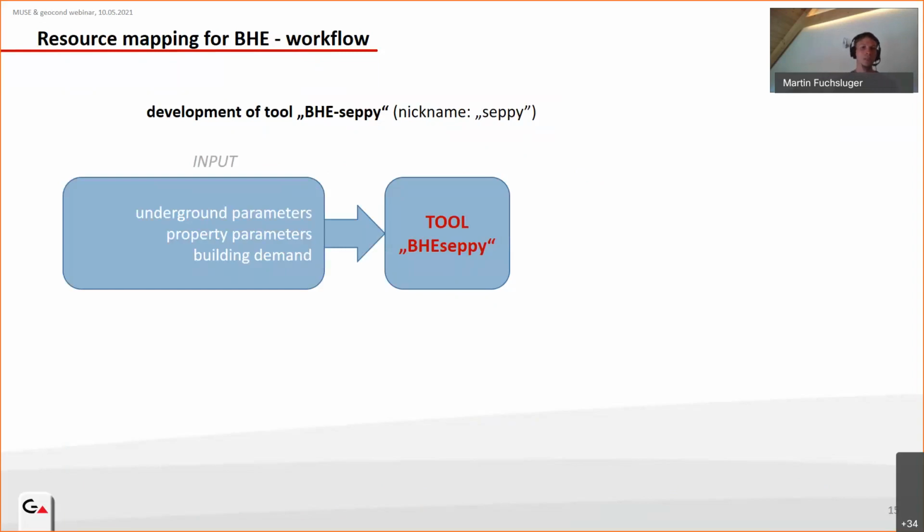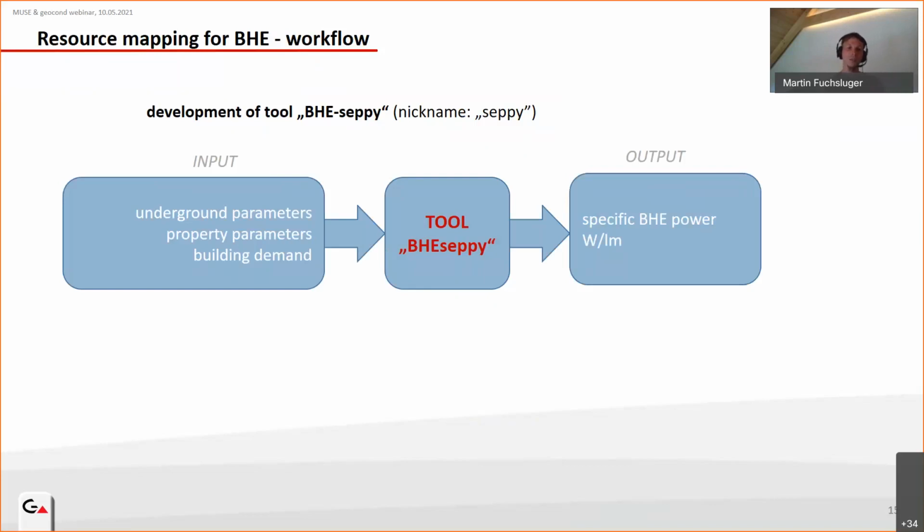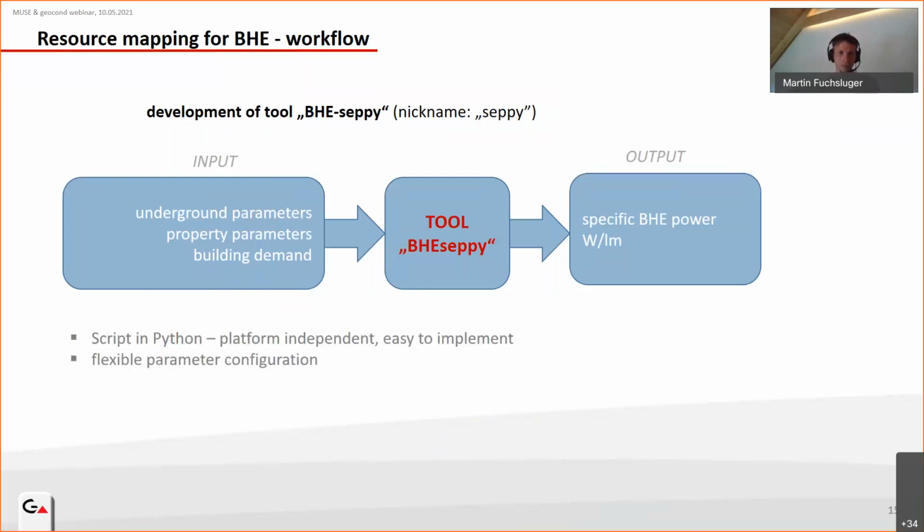As inputs, we give the underground parameters, the parameters of the property, so the free space, and the building demand, for example, and the output is in general the specific borehole heat exchanger power in watt per linear meter. Yes, so the script is in Python, as the G functions also, so it's platform independent, easy to implement, and we have a flexible parameter configuration.